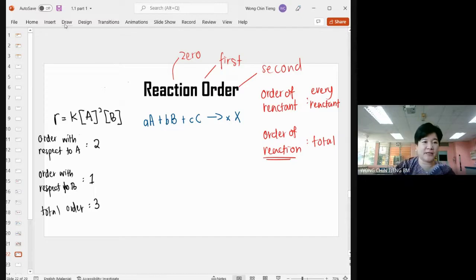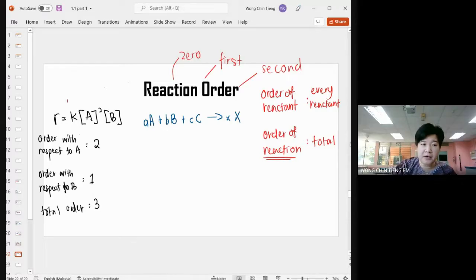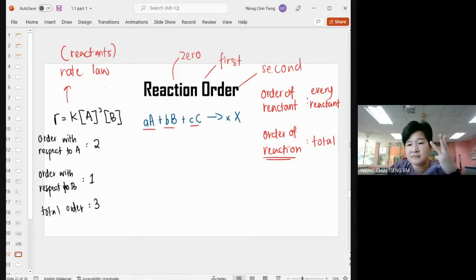Anything that you want to say? What is missing? Or is it right? Sorry, Umi? C. C missing. If you remember, rate law, kita ambil kira siapa? Reactant. Thank you. Dan sayang, kita ada berapa banyak reactant? Dan sekarang saya bagi tahu untuk equation ni, rate law dia adalah seperti yang saya bagi. Rate law dia yang ni je.